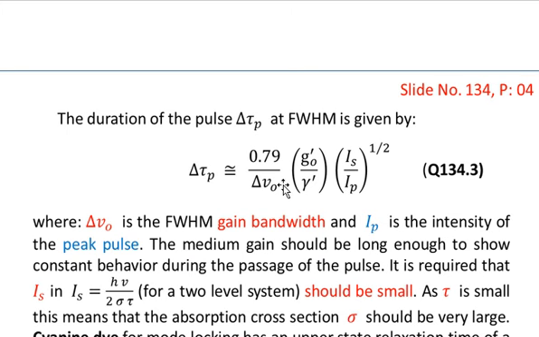Delta tau p is then given by, for the above conditions, 0.79 divided by delta nu naught, multiplied by g naught prime over gamma prime, multiplied by the square root of Is over Ip, where Is is the saturation intensity at which the absorber gets saturated and Ip is the intensity of the peak pulse.